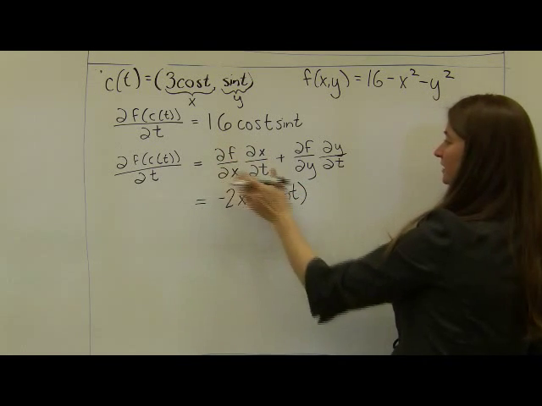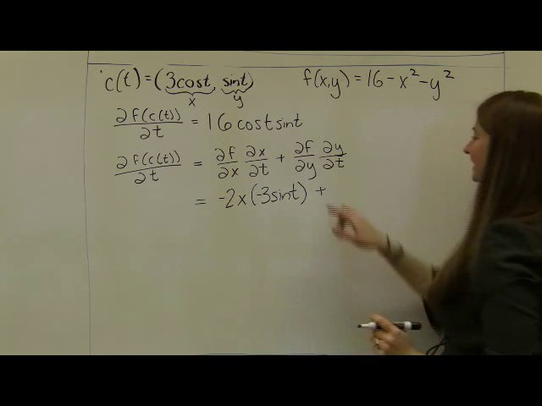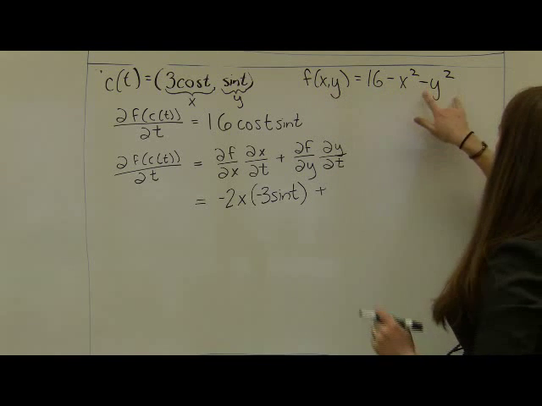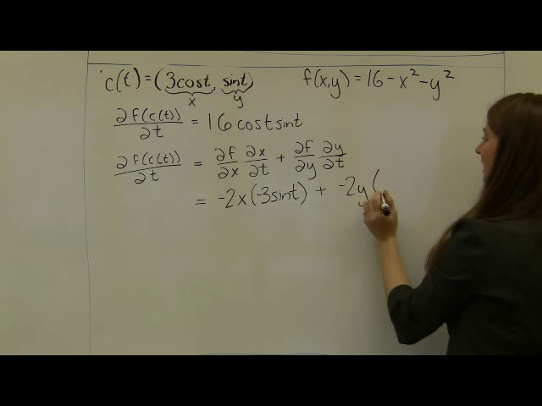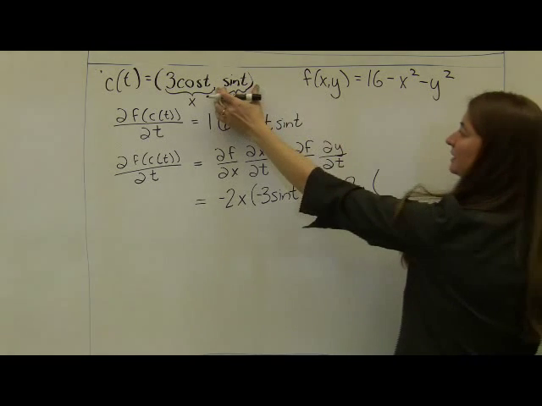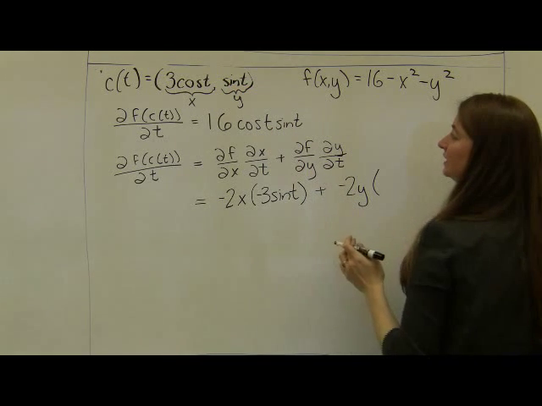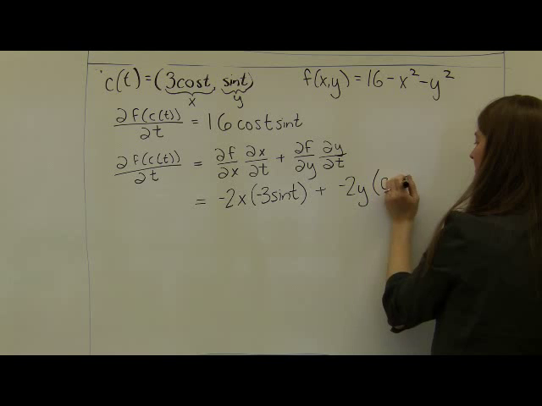So that takes care of the x component terms, or factors, sorry. And then, looking in the y direction, my derivative of f with respect to y is -2y. And my derivative of y with respect to t is looking at this function where y is equal to sine of t. And so the derivative of y with respect to t is just going to be cosine t.